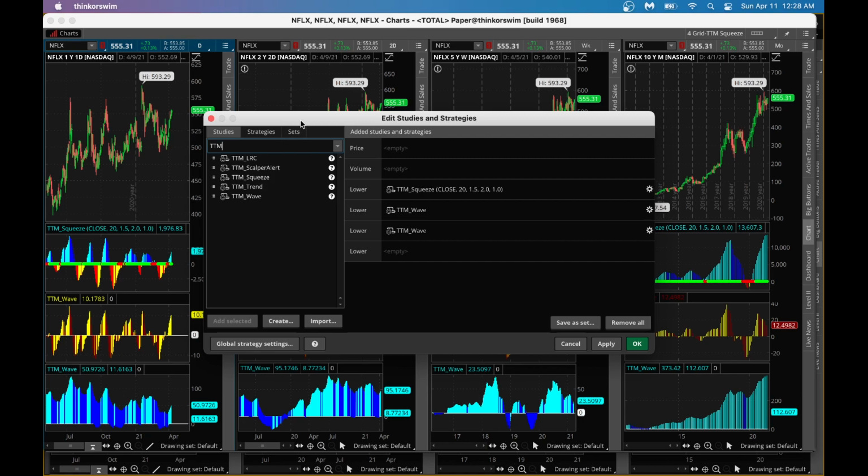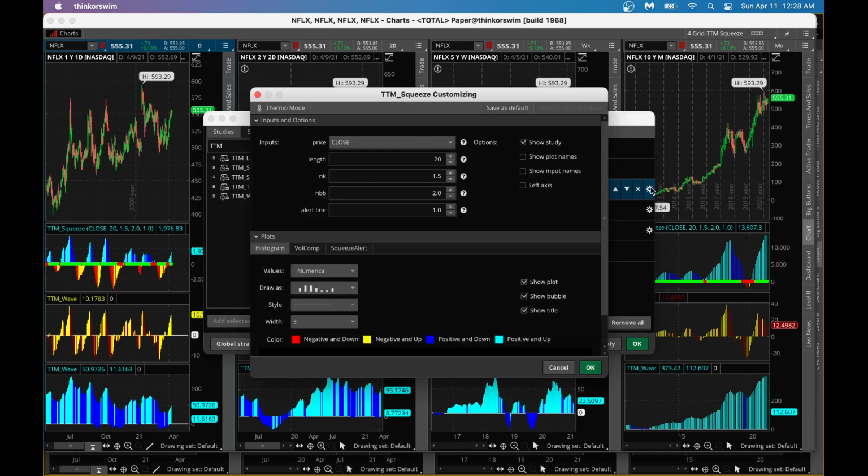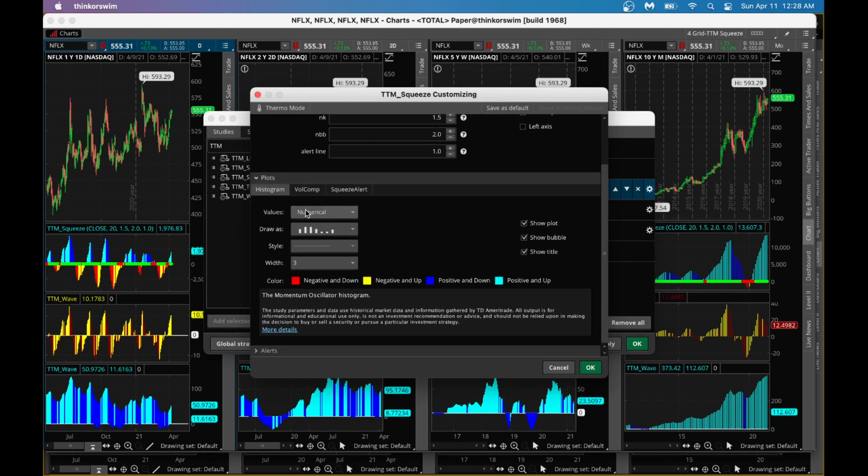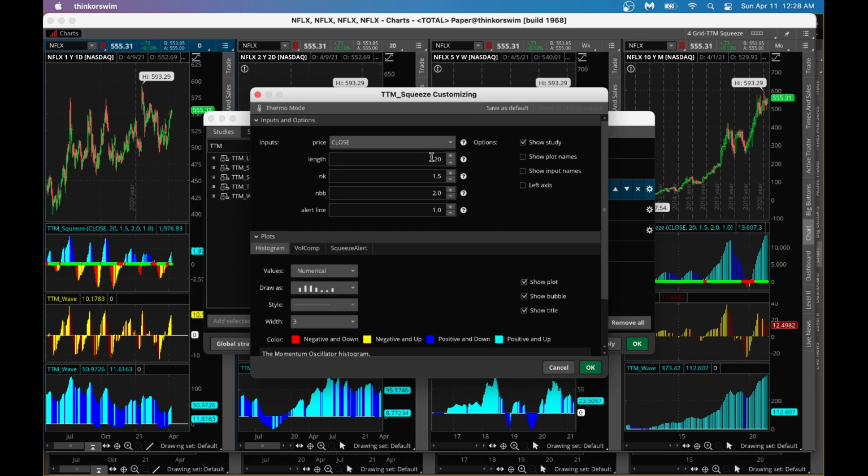And if you want to look at it, you can just open it. I just added the default. There is nothing great about this. You can just add the squeeze, and the details are right here. But in my case, I just added the default one. I did not do any changes. The default parameters, as you can see here, just leave it as it is.